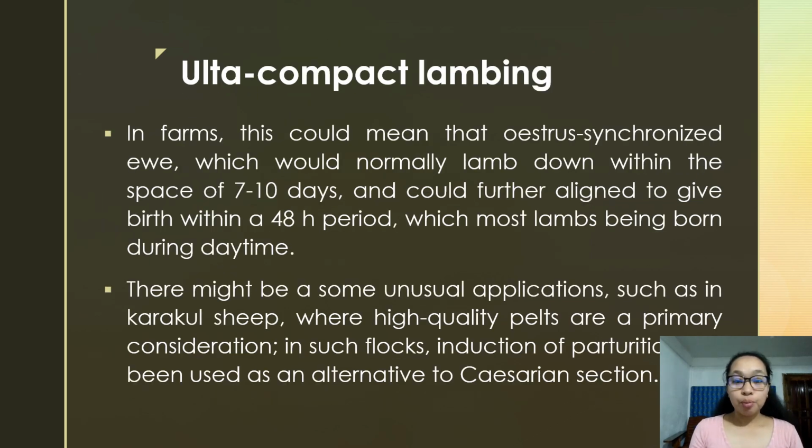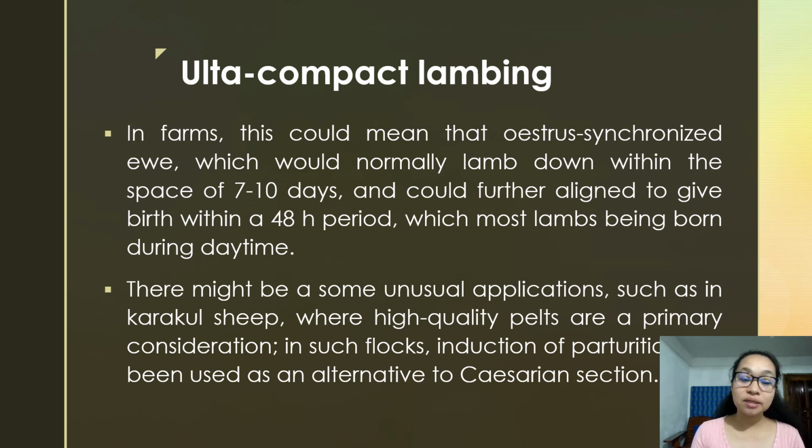In ultra-compact lambing on farms, this could mean that synchronized ewes, which would normally lamb down within the space of 7 to 10 days, could further align to give birth within a 48-hour period, with most lambs being born during daytime.